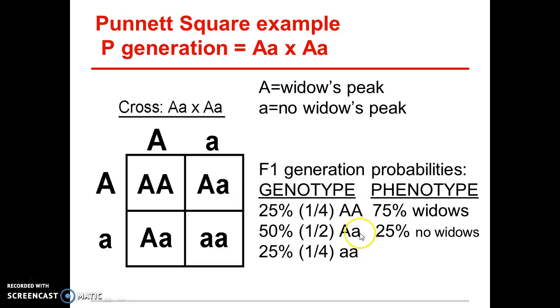Phenotype is what it's showing. So this 50% will show widow's peak, and this 25% will show widow's peak. That means there's a 75% chance that the offspring from this father and this mother will show a widow's peak. There's a 25% chance that the recessive trait will be shown. If two heterozygous parents cross, this is the breakdown of the percentages.